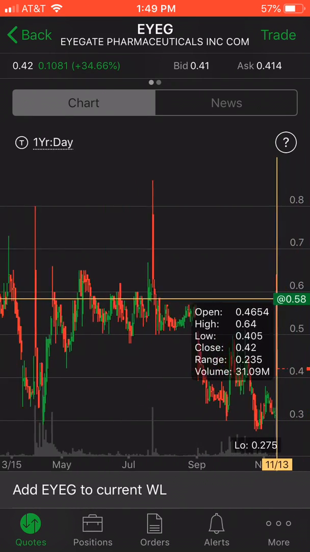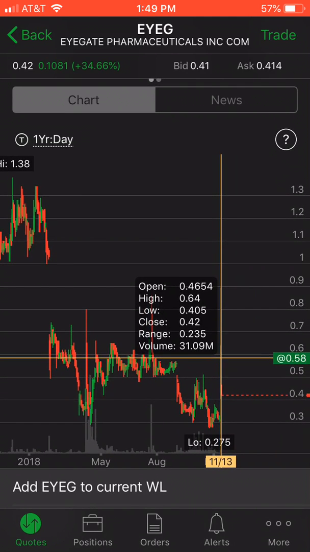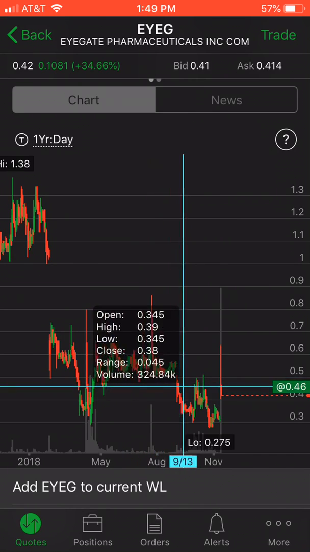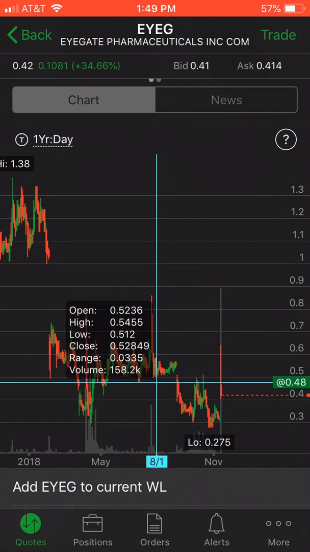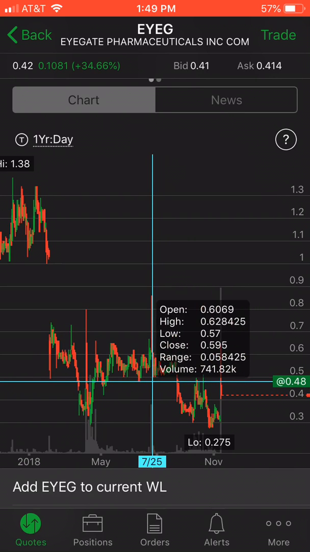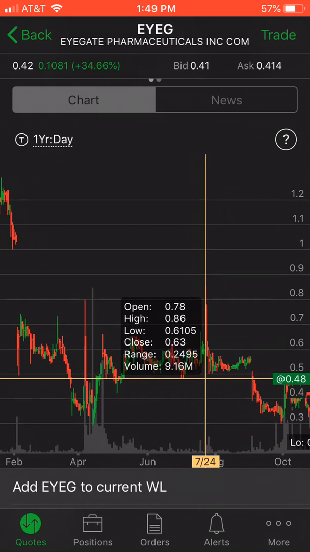So this day here, see, the volume was 31 million. And these days when we see a big spike here, what was the volume? 9 million.